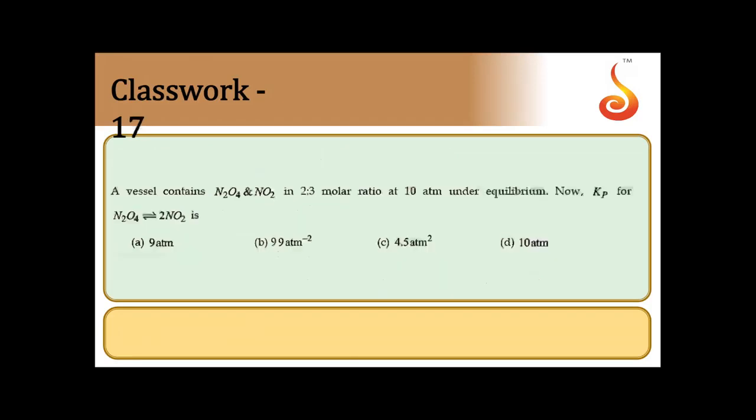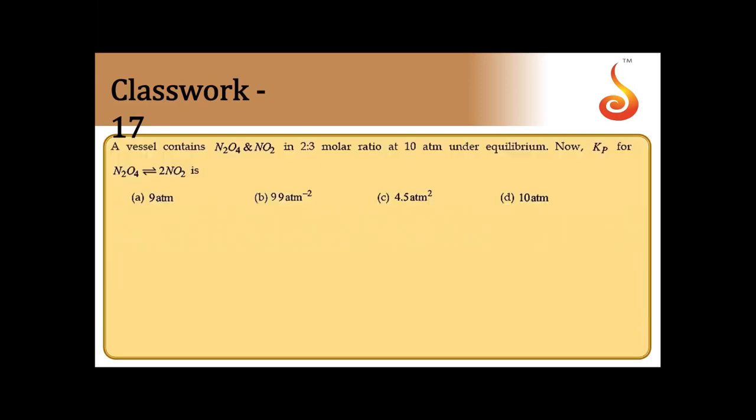Then 17th one. A vessel contains N2O4 and NO2 in the molar ratio 2:3 at 10 atmospheres pressure under equilibrium conditions. Now Kp is equal to how much? They have given the molar ratio as 2:3 and total pressure is equal to 10 atmospheres. The value of Kp depends upon the partial pressures of the gases only.